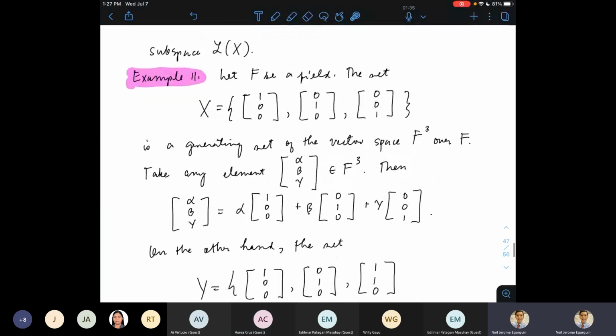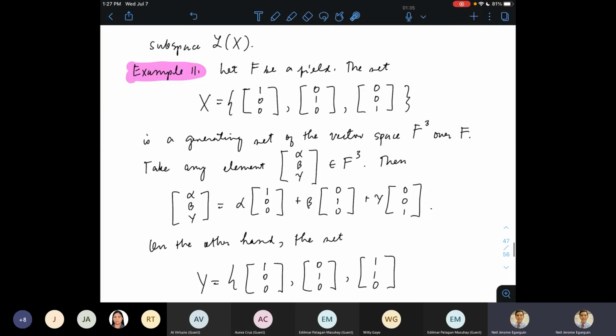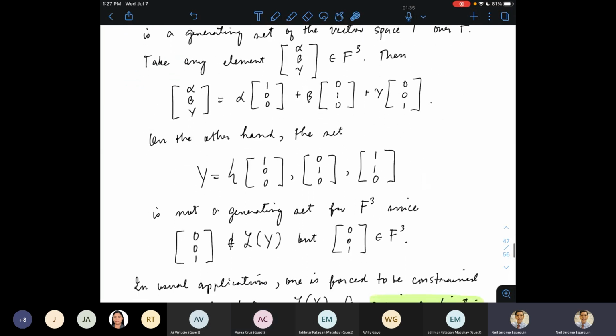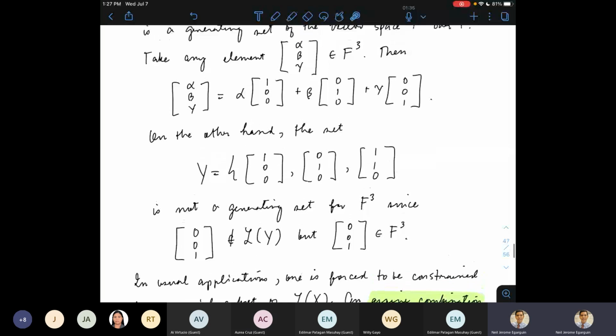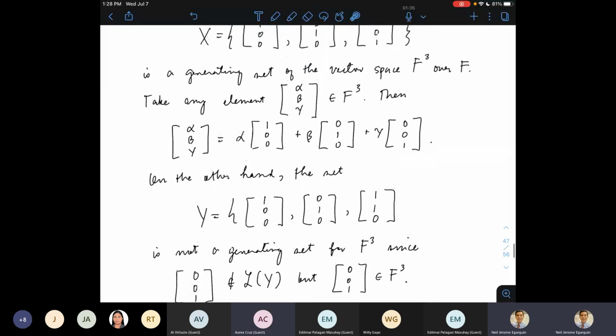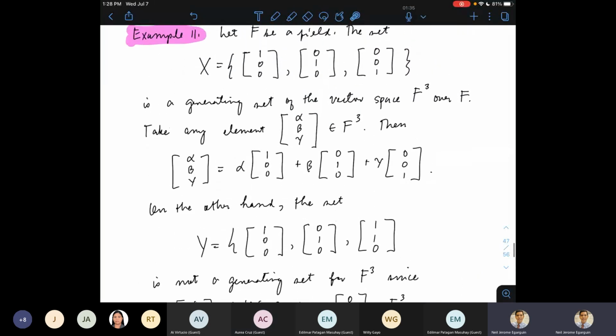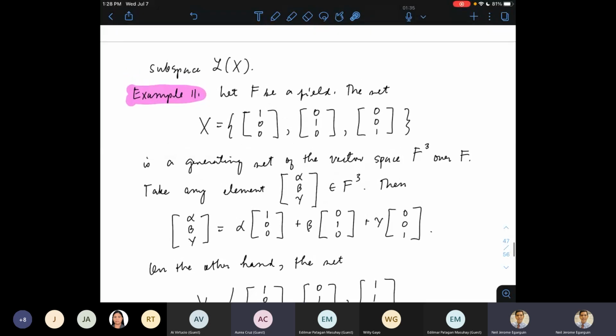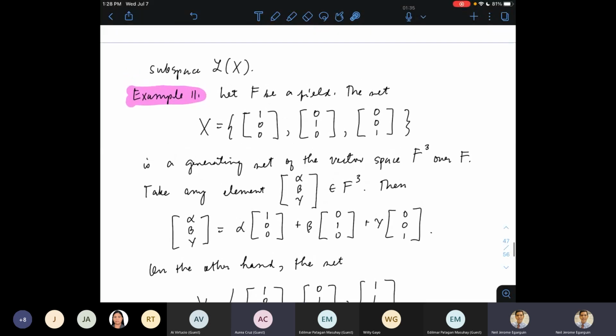I have some examples here. Example 11. I guess example 11 is detailed enough. It just shows what can generate the vector space F3. Though this is a nice example, this is in F3.